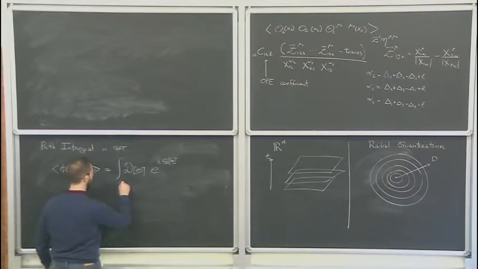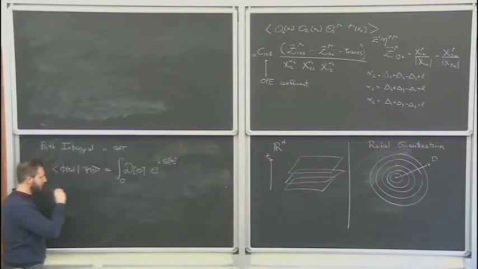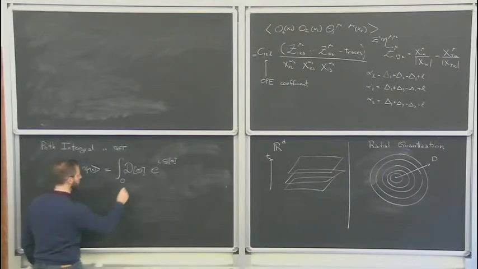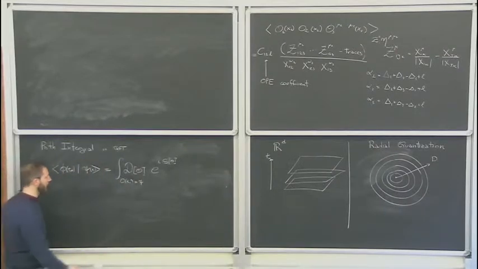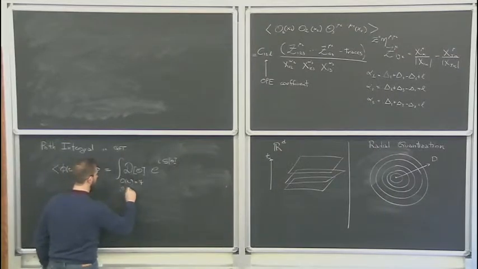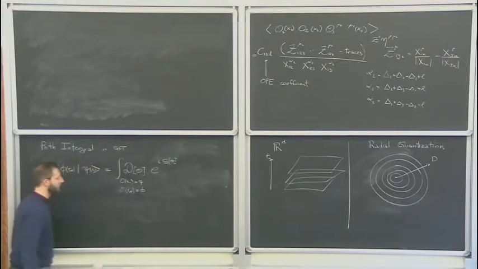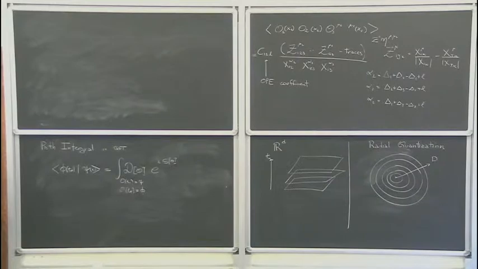In particular, you want to impose that the operator at time initial is given by the field psi, and the operator at time final is given by the field phi. Okay, so this is the definition of a path integral. It measures the probability to pass from one state to another.